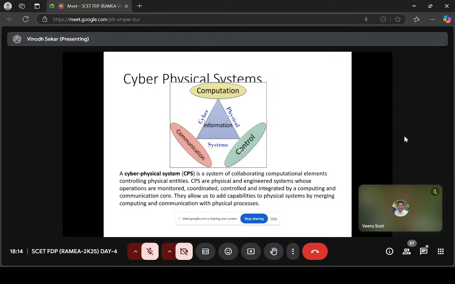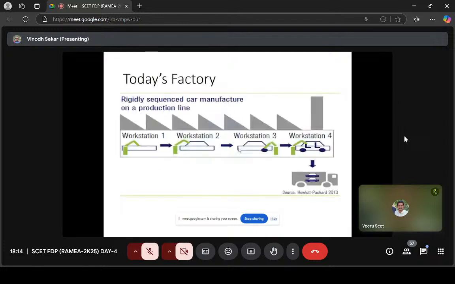And basically, the engineering tasks are being monitored continuously, and they are coordinated, and further they are controlled and integrated through the computing and communication core. This will try to enhance the capabilities of the physical systems by means of integrating the computing and communication entities with the physical process. Ultimately, it helps to develop the digital twin.